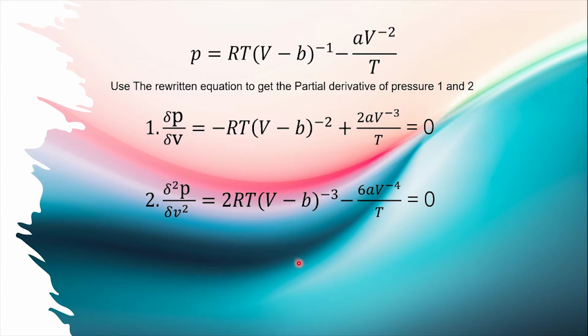Now we've got both derivatives, so that at the critical point, both the first and second derivatives of pressure with respect to volume will be equal to 0. First, we solve the system of equations by setting the two equations equal to each other because they're both equal to 0. To do this, we should solve each expression in terms of RT squared.